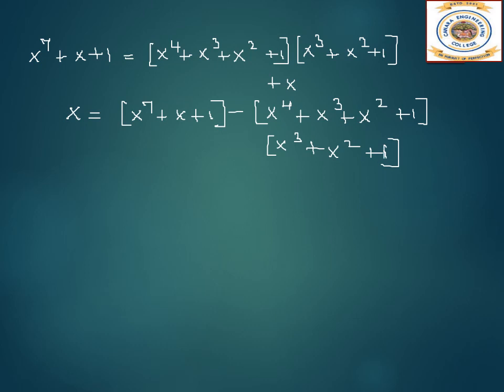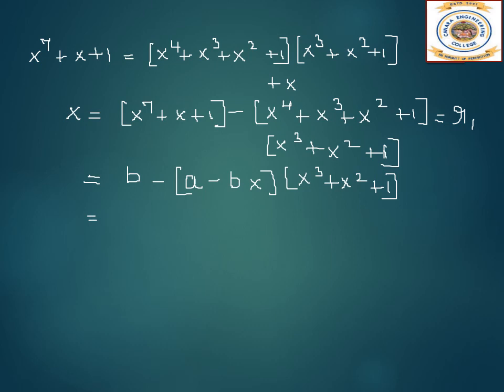So here, what is x to the power 7 plus x plus 1? This is b. So I will write it as b minus, here this is the remainder r1. So previously we know what is r1. r1 is a minus bx. So a minus bx into x cube plus x square plus 1.